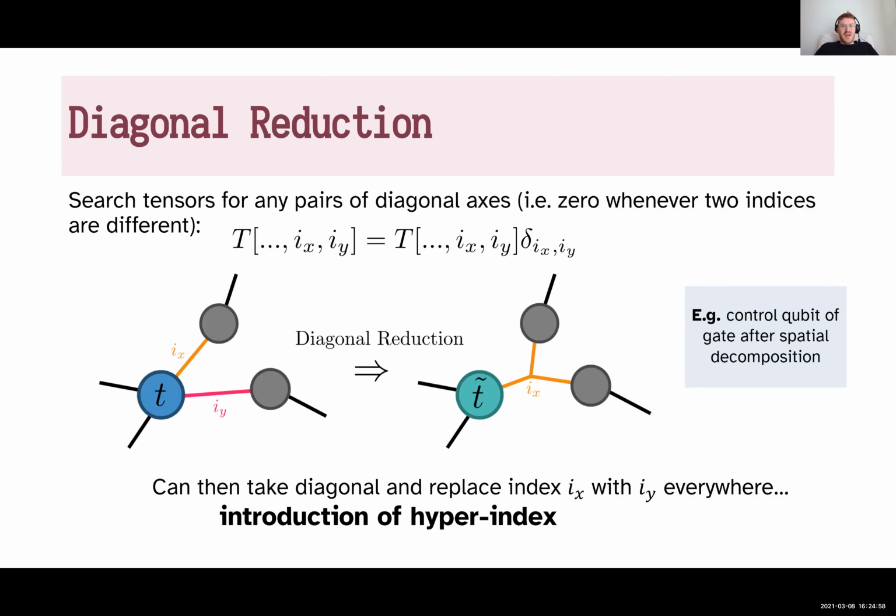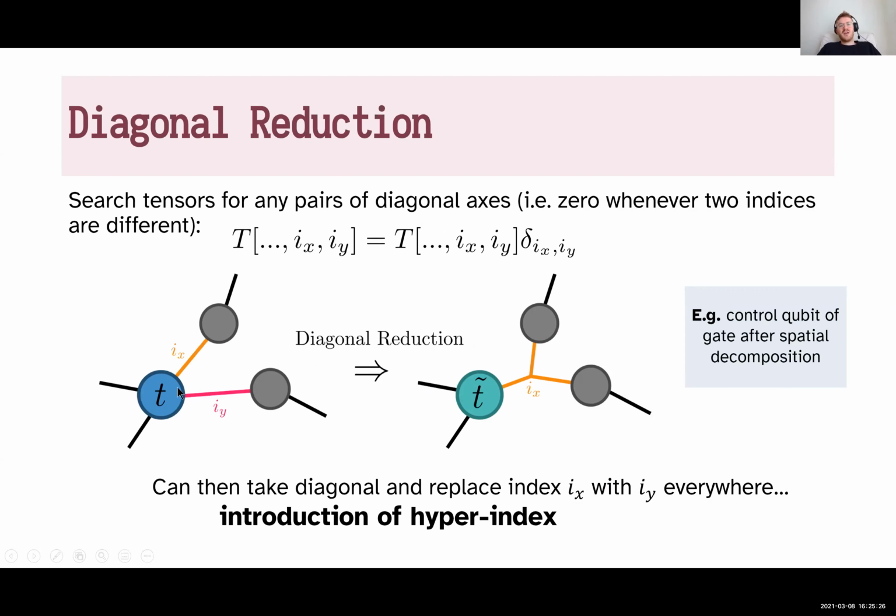And then another important one is this diagonal reduction. So here you just search tensors, and if you find any tensor which has a pair of diagonal axes, which are, well, they're diagonal, they're zero whenever the two indices are different, so the tensor can effectively be described as a tensor times a delta function, then this is the point when you can introduce a hyperindex.